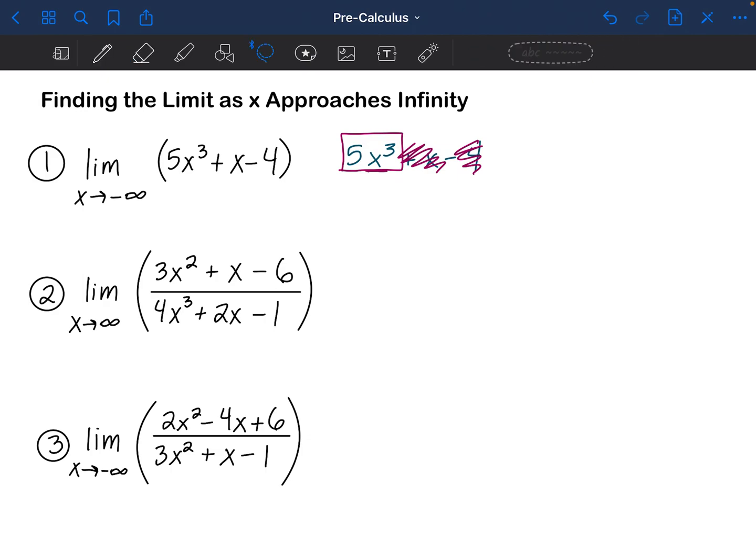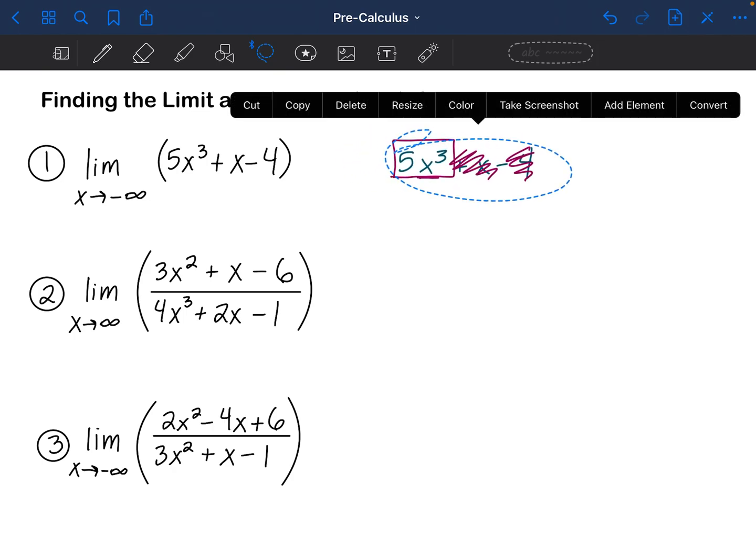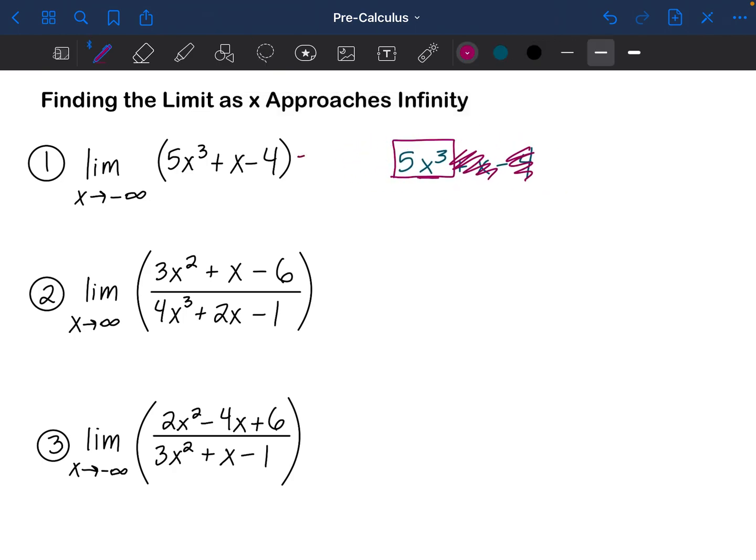And as we put smaller and smaller numbers in, it will continue to go towards negative infinity. So anytime that we have a lot of growth, we might shoot to negative or positive infinity. We just have to look at the degree and see if it's an even or an odd degree, right? Odd degree, the sign's not going to change. An even degree, when you plug in a negative, it becomes positive, right?